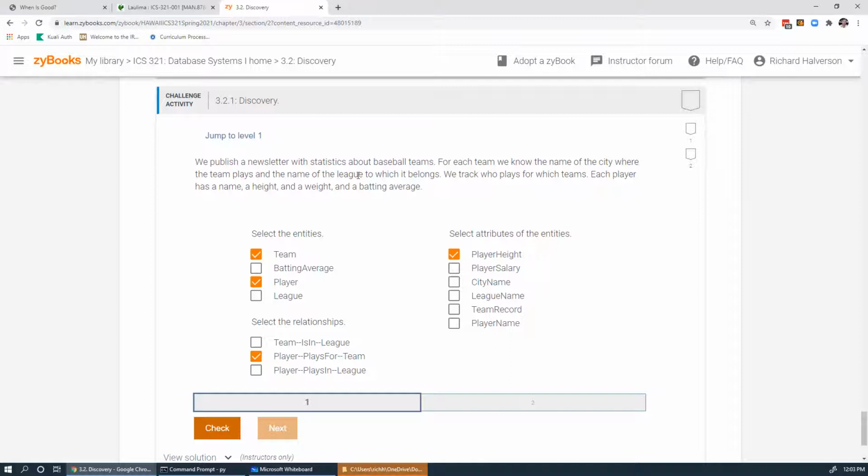Okay, so that is an attribute of the team. I don't see anything about player salary here, do you? I do not. I don't see anything about team record here either. Player name. Player's got a name, so that.